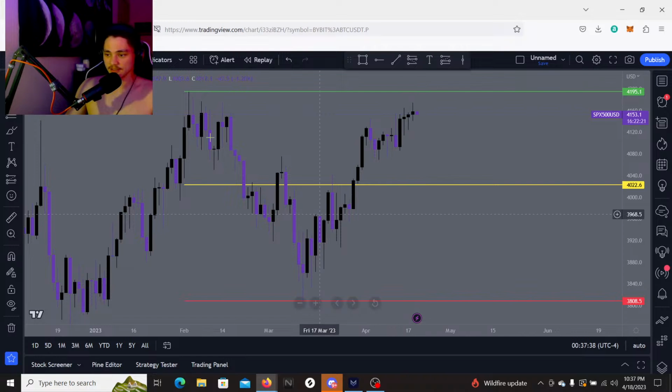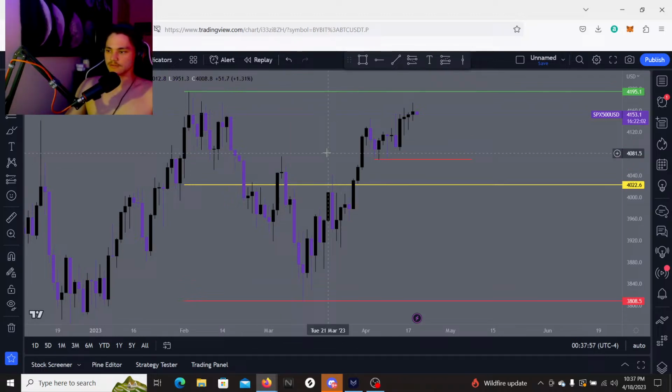Now this is on the daily, so I actually do want to mark out the fact that we've got quite a bit of sell side liquidity right here.